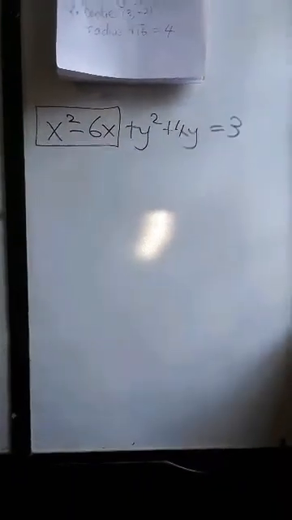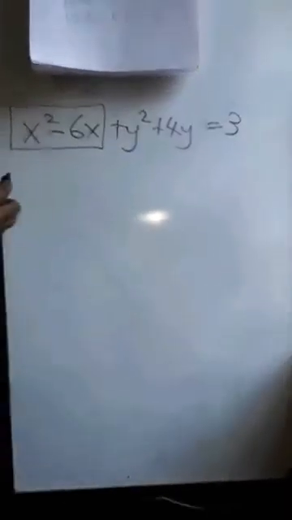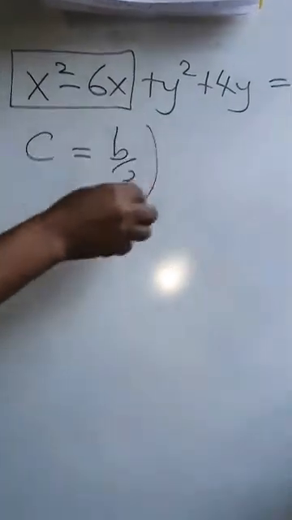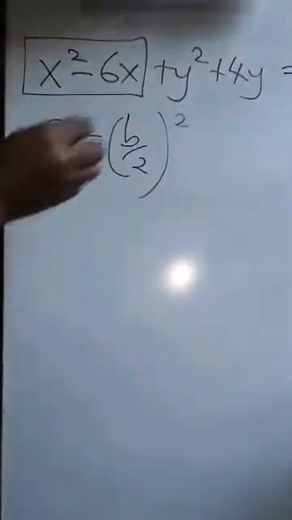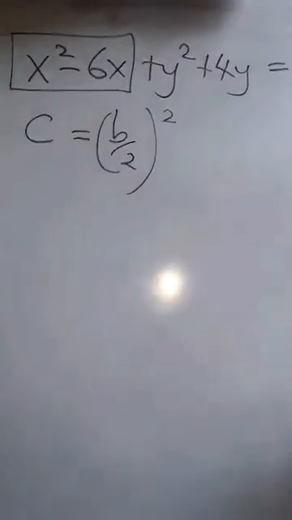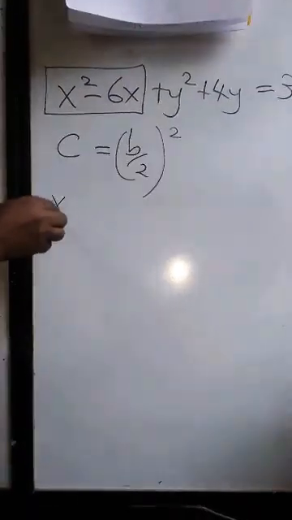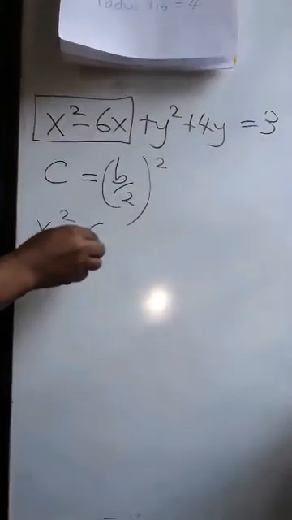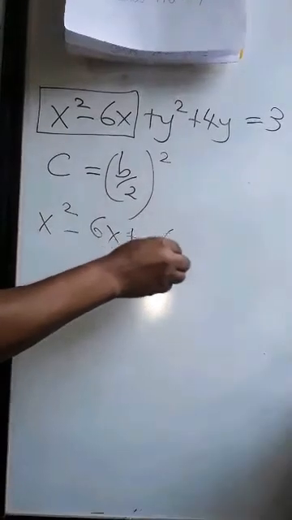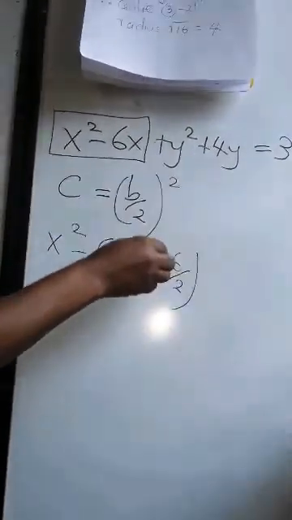Completing the square method, we want to create part C, and we know that part C is created by (b over 2) squared. Right? So that now, in this case, x squared minus 6x plus, we have created a C which is (minus 6 over 2) squared.